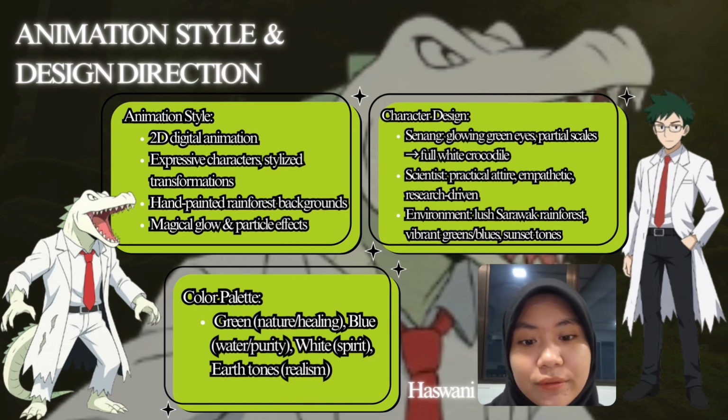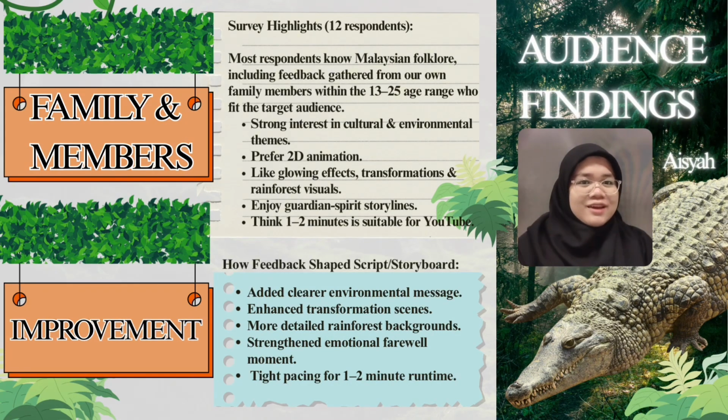For the next slide, I will talk about the audience survey and feedback application. To refine our animation, we conducted a small survey involving 12 respondents, consisting of family members and close friends aged between 13 and 25. Most respondents were familiar with Malaysian folklore and enjoyed transformation stories.